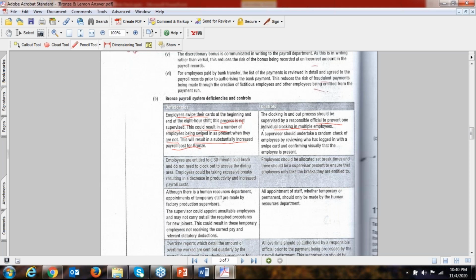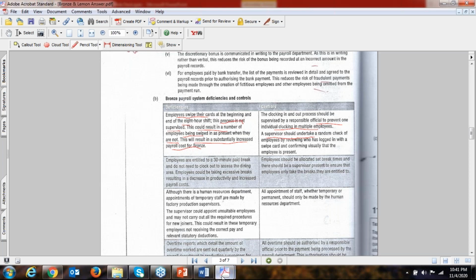There is another recommendation identified by the examiner. You need to mention only one recommendation, but here, for your knowledge and clarity, it is giving two recommendations. The second recommendation is that a supervisor should undertake a random check of the employees by reviewing who has logged in with the swipe card and confirming visually that the employee is present.